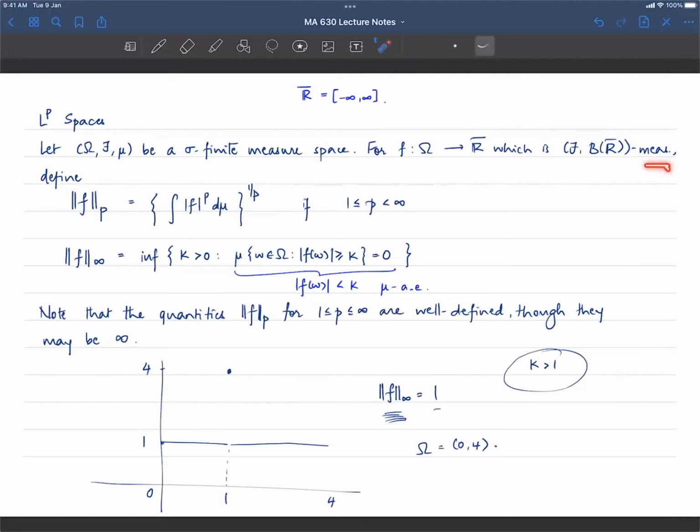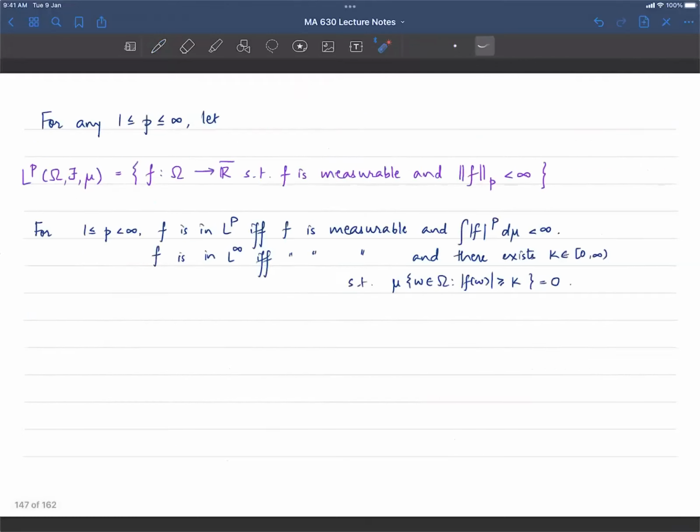Yes, sir. You're right. This symbol is only defined for measurable functions, so it is not even allowed for non-measurable functions. As soon as I say the norm of f in p is less than infinity, then it's automatic that f must have been measurable. Otherwise, I cannot even apply this symbol to it. Yes, but this is maybe a little redundant. But measurability is always going to be assumed. Any questions?